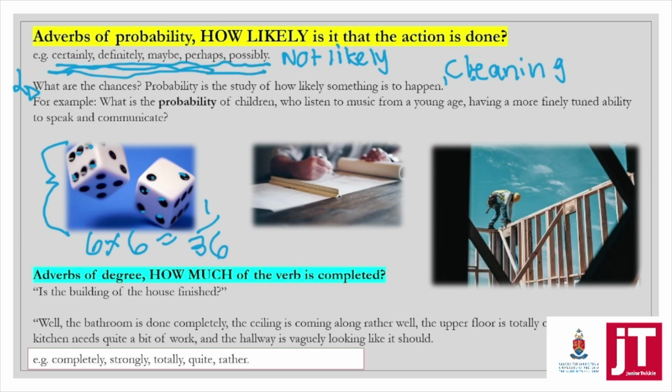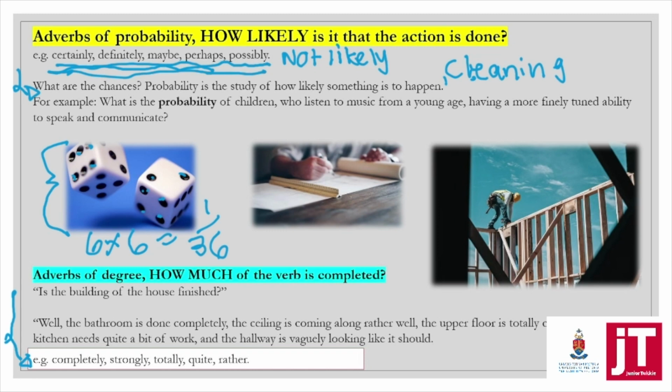Then adverb of degree: how much of the verb is completed. Before we get into the example, let's look at some of the words that we can use for adverb of degree over here. So it's completely finished, it's strongly completed, it's totally completed, it's quite completed, or it's rather finished.